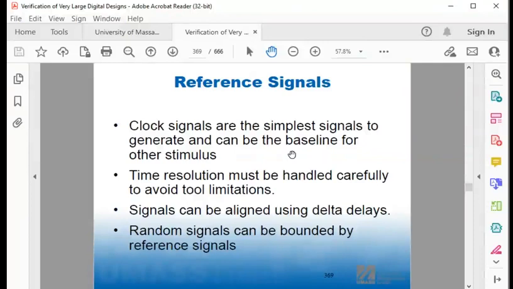Now, sometimes you don't want to align it exactly, especially if you're doing gate level simulation. So in gate level simulation, the clock of your system and the clock of the test bench might be skewed, right? There might be some difference, some delta delay in between them, because you want to vary where you look at outputs on it.